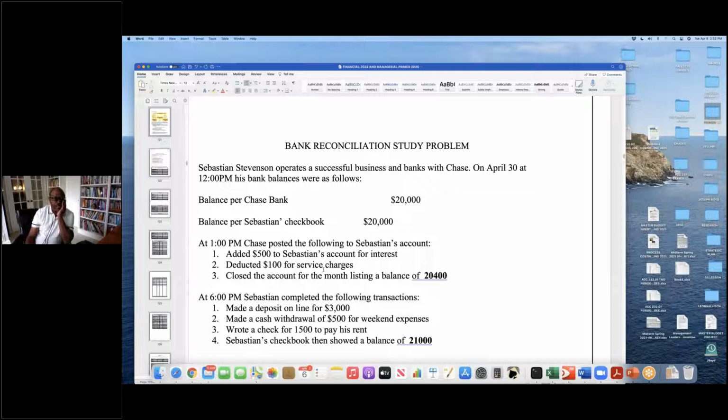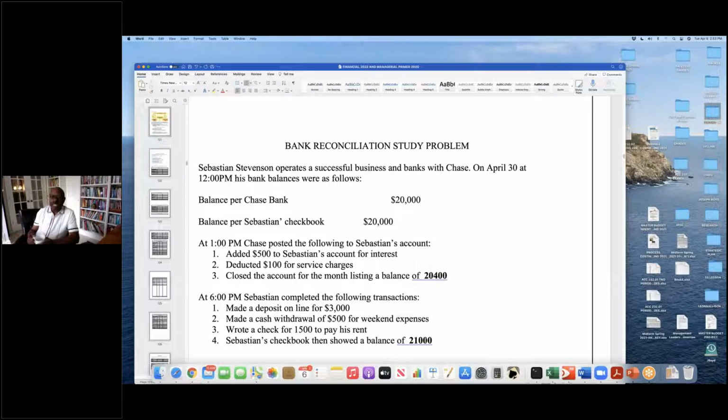Sebastian made a deposit at 6 p.m. of $3,000. So that was his last deposit for the day. He made a cash withdrawal of $500 for weekend expenses, and he wrote a check for $1,500 to pay his rent and gave that to the landlord. When he looked at his checkbook, which would be what would be in the accounting records, he showed $21,000.